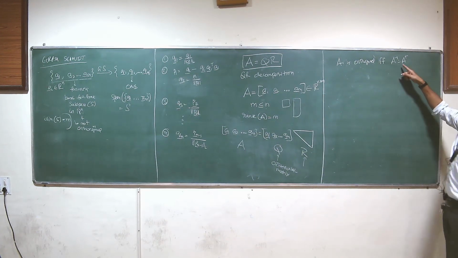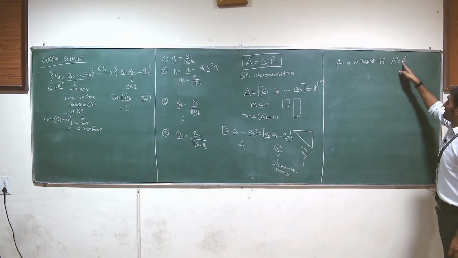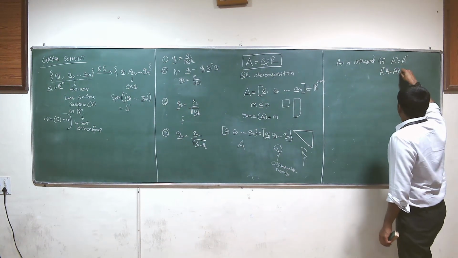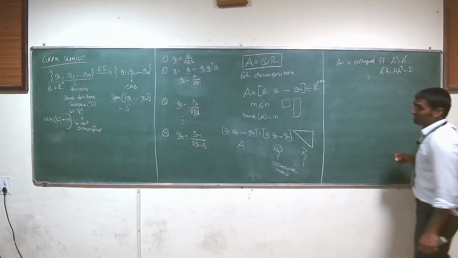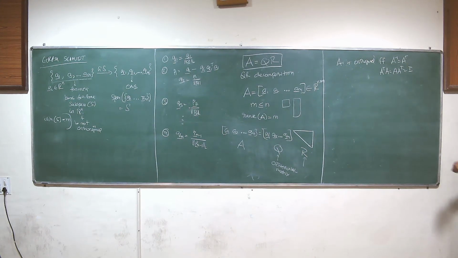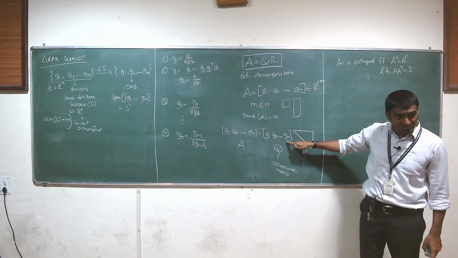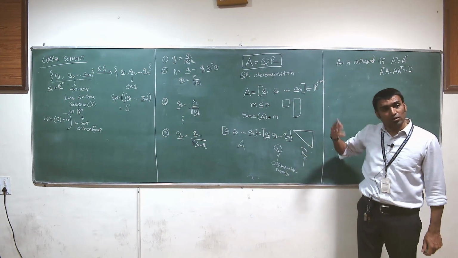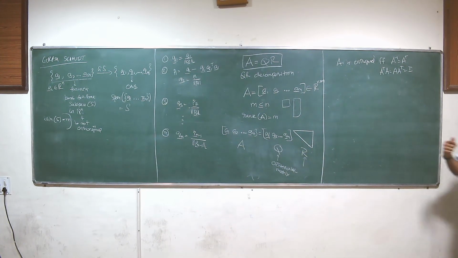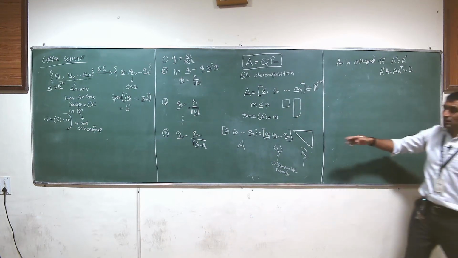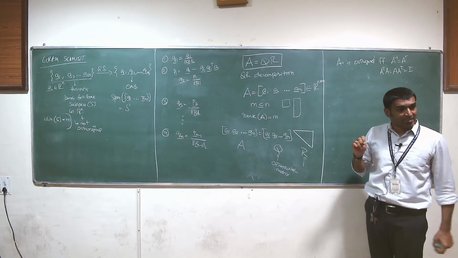What this also implies is that A transpose A equals I. What this means is the columns of A are orthogonal to each other. Or we're talking about square matrices here. The columns and rows are orthogonal to each other, and all of them have unit length.